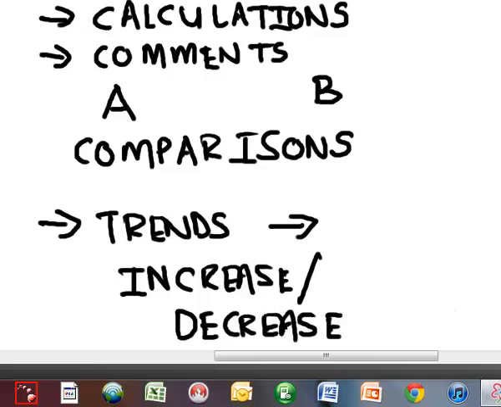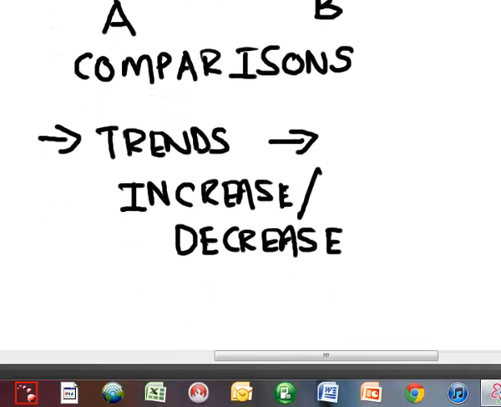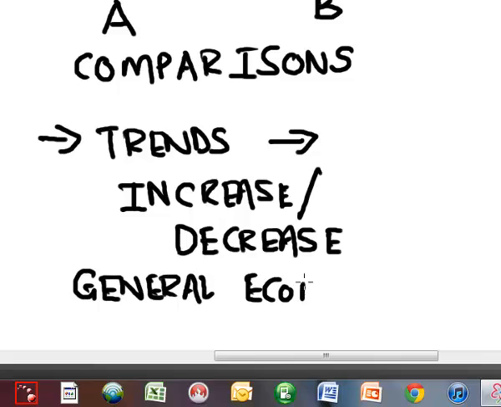And also, when you are commenting on these, you also have to mention other businesses in the economy compared to the general economy. If you remember, we alluded to this early on in our lessons where we said you have to make your comparisons taking into consideration the general economy of the country.